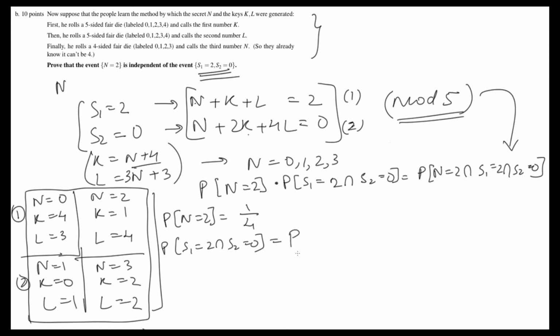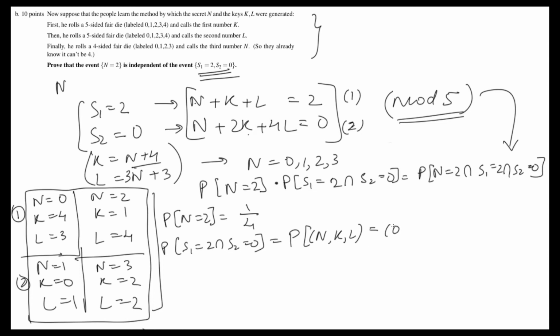So probability of S1 is equal to 2 and S2 is equal to 0 is equal to probability of N, K, L is equal to, so we just calculated there are 4 different possibilities for N, K and L to give S1 is equal to 2 and S2 is equal to 0.